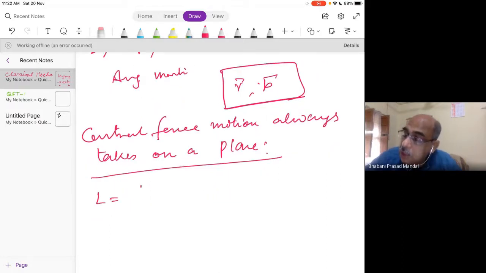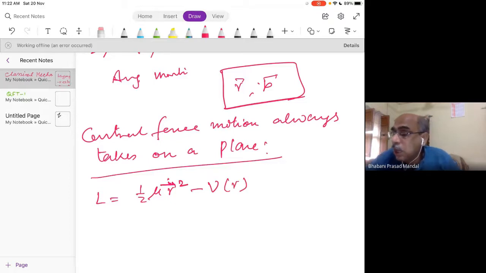So, let us then simplify our Lagrangian. Our Lagrangian is half mu r vector dot square minus U(r). Since the motion is in a plane, I can describe it by two coordinates. So, let me write in polar coordinates: x equal to r cos theta and y equal to r sin theta.